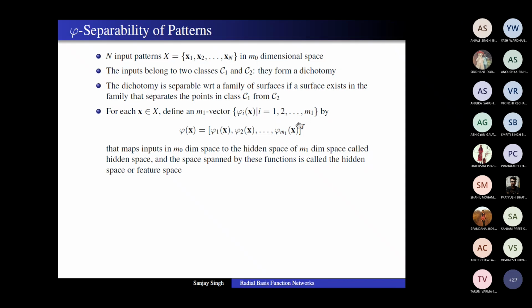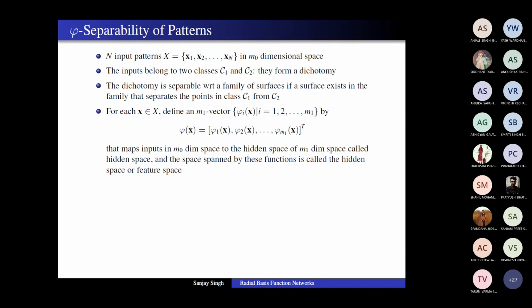What does it really mean to say that each data point is mapped to M1 values? Remember, the value of M1 is higher than M0. Whatever the dimensionality of X was, that was M0. Now, using this kind of map, you don't have dimensionality M0 anymore; rather, you have M1 dimensionality.